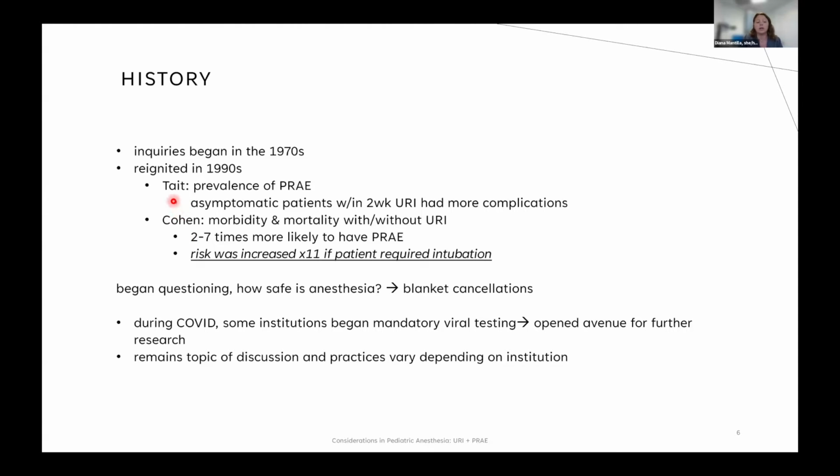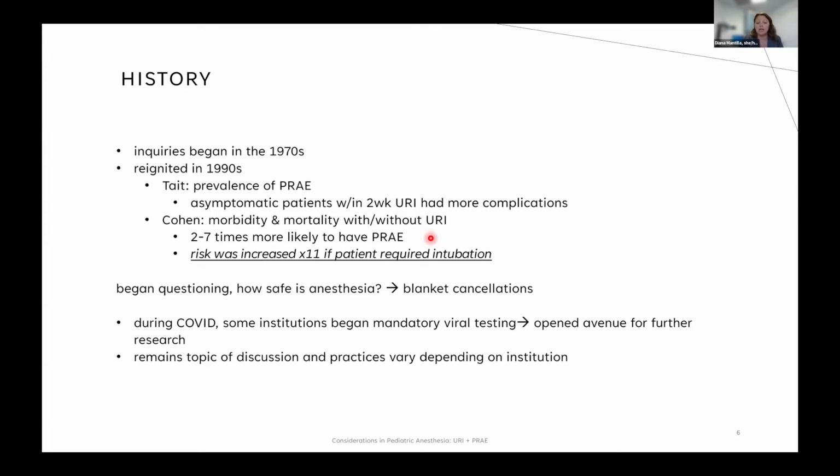And Tate really discovered the prevalence of these perioperative respiratory adverse events. And they noted that in asymptomatic patients, so kids with no cough, really no congestion, but that had symptoms of upper respiratory infection 2 weeks prior to their operation, would have more respiratory complications.